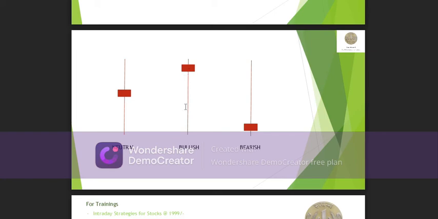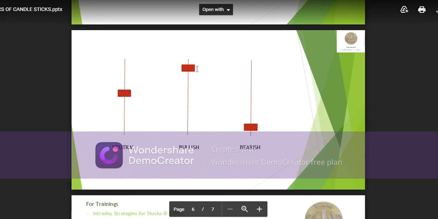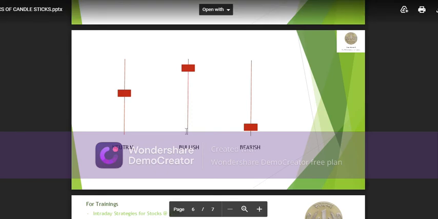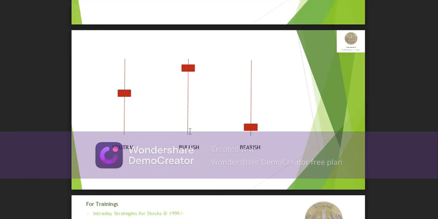If you see here, the stock opened at this price, the sellers came in and pushed the stock till this point, because they sell at a high value and buy at a low value. So they want to get that delta and make profit out of that. But the buyers also came in and pushed this price till this point.